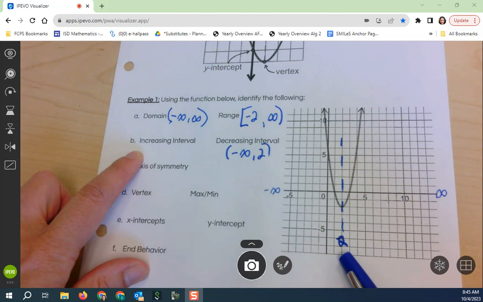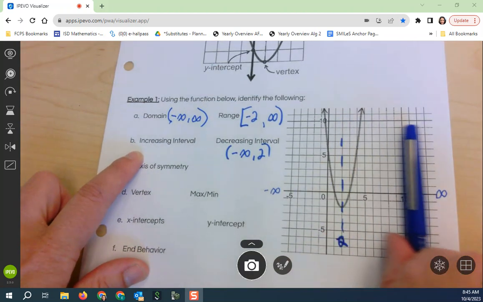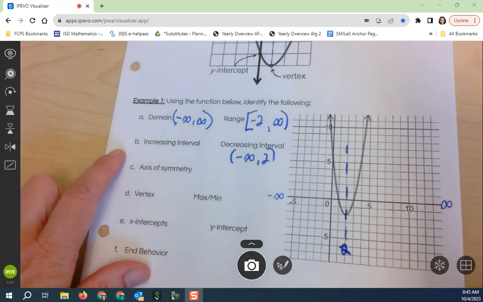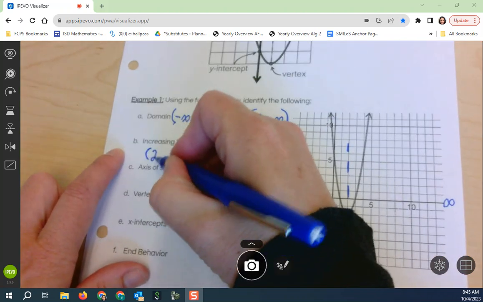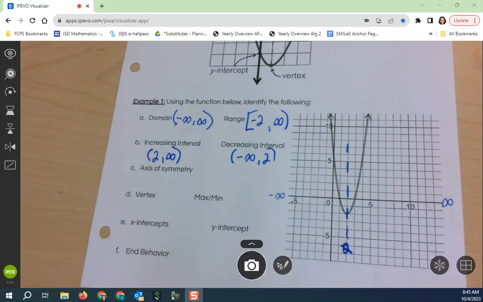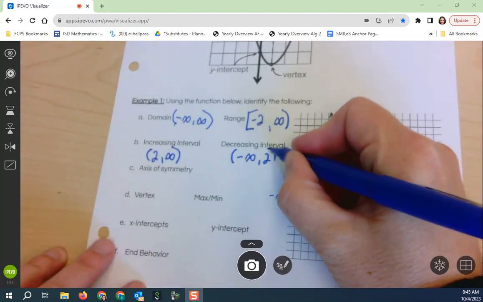It starts increasing at 2, and it keeps increasing until we get all the way to what? Infinity, yeah. So it's increasing from 2 to infinity. Notice that we always use parentheses on increasing and decreasing. If you forgot, not only do I want you to fix it, I also want you to make yourself a note. Always use parentheses on increasing and decreasing.